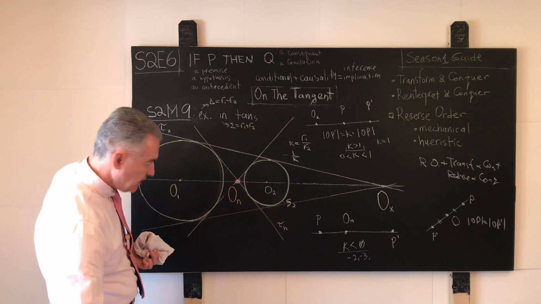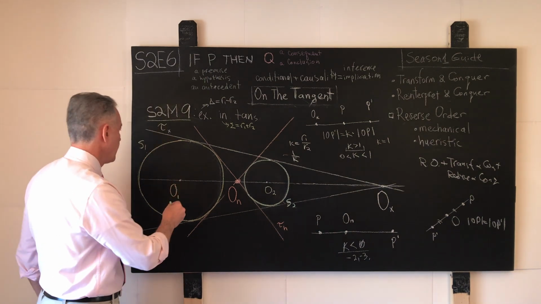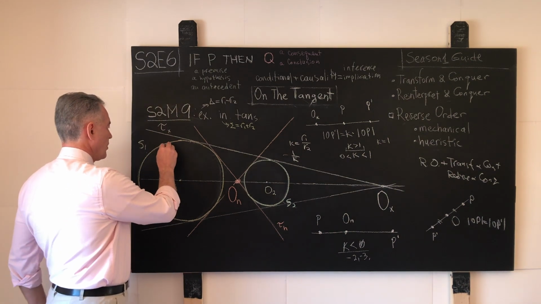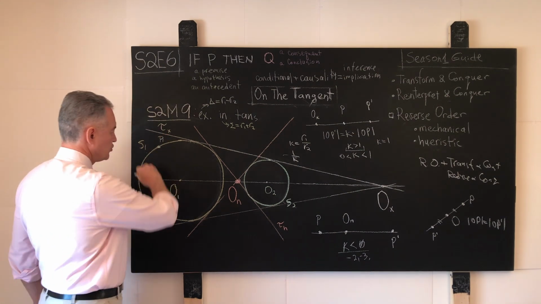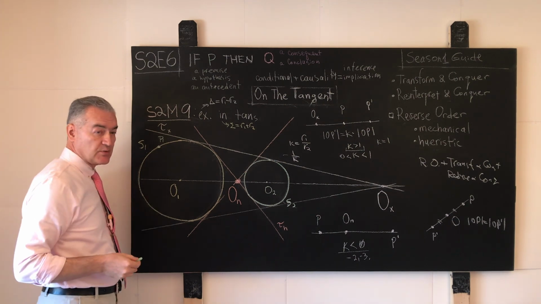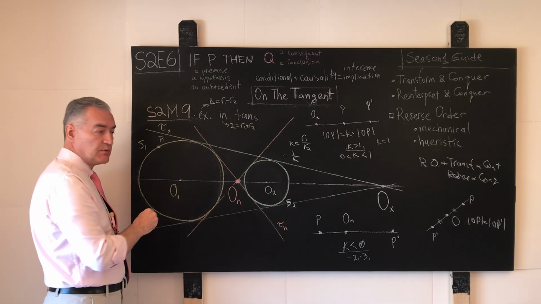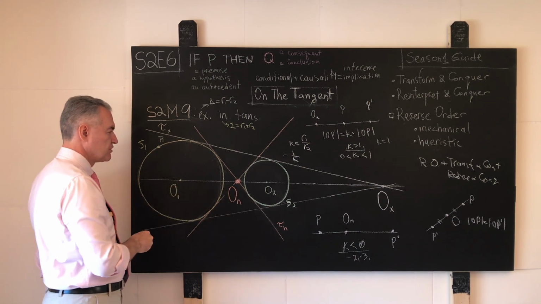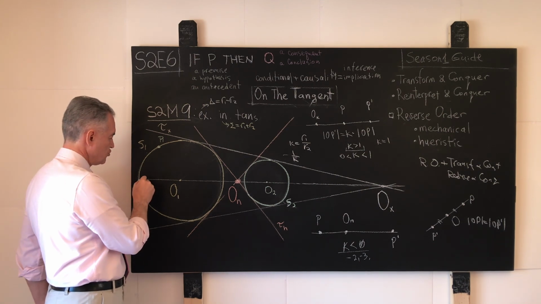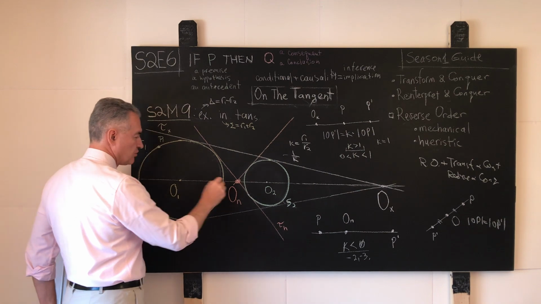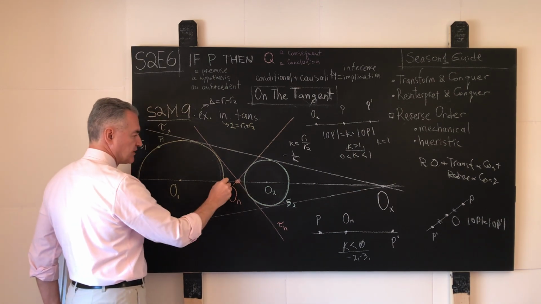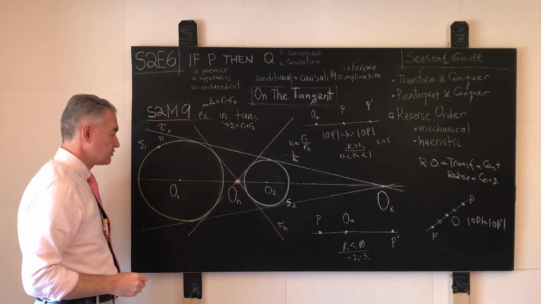We pick any point, for example, point P1, on a circle S1. This point P1 can be picked anywhere on the circle S1, except that it should not be on the point that sits on the line of centers of two given circles.